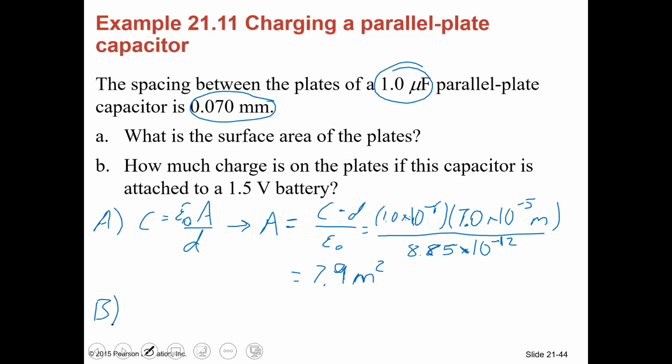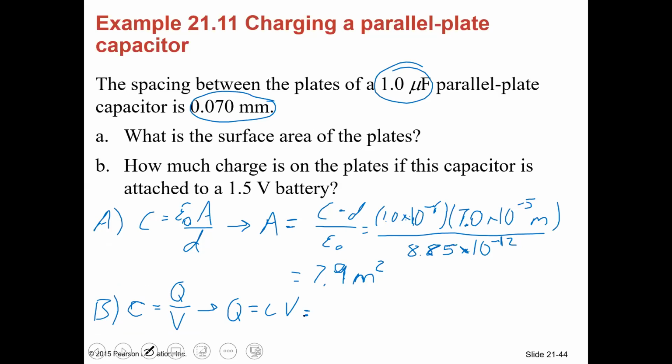Part B, how much charge is on the plates of this capacitor attached to a 1.5 volt battery? Well, we could do that pretty easily too. We have our other equation for C, which relates charge to voltage. So we're looking for charge: Q equals C times V. We'll be using that quite a bit as we continue looking at capacitors.